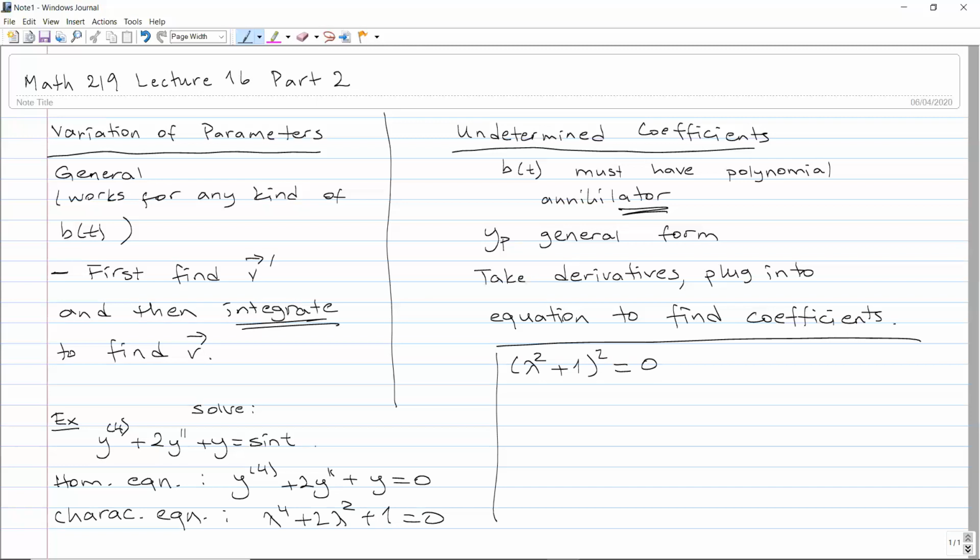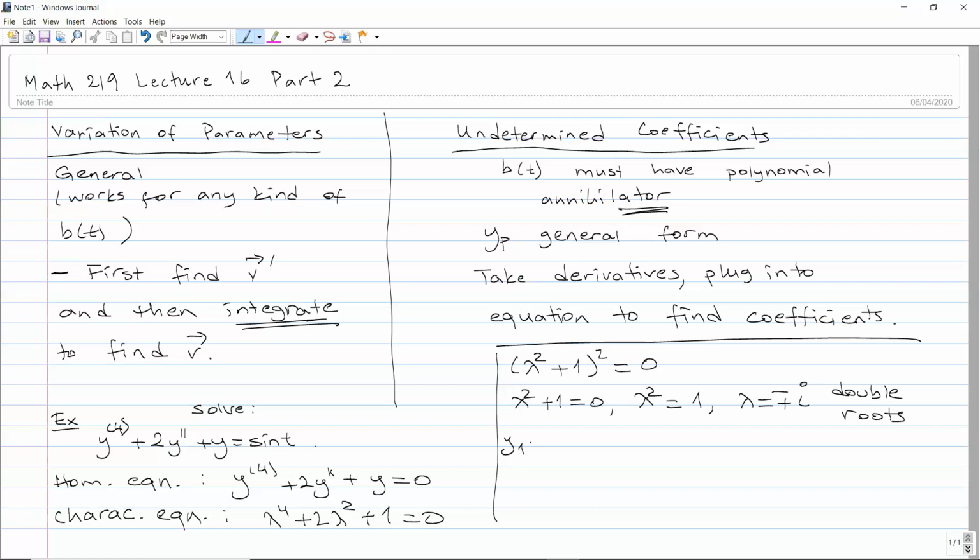So you see we are going to have double roots because we have (lambda squared plus 1) squared. Now from lambda squared plus 1 equals 0, we get lambda squared equals minus 1. So lambda equals plus and minus i, but both of those are double roots. So i is a double root, minus i is also a double root.